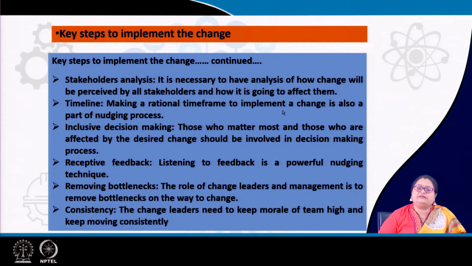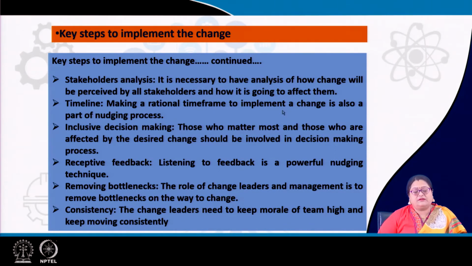We have already seen in the last discussions how gossip may be harmful for introducing organizational change. So if the people who are mostly affected by the change processes are involved in the change decision making from the start, then there is less possibility of gossip and change can be introduced in a smooth way.